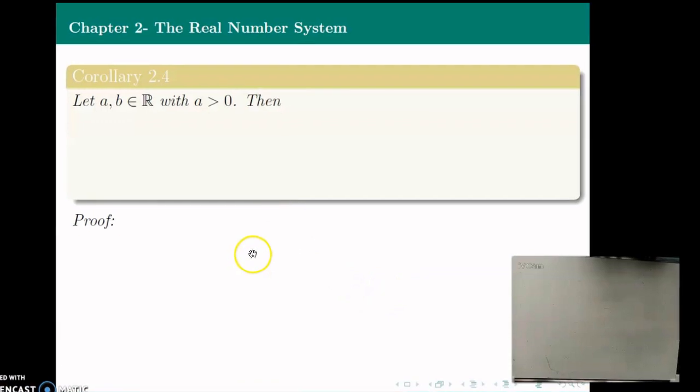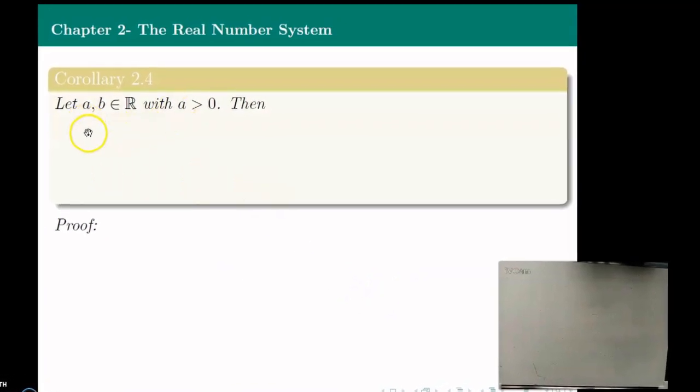Okay, let's have Corollary 2.1. Let A and B be real numbers with A greater than 0.